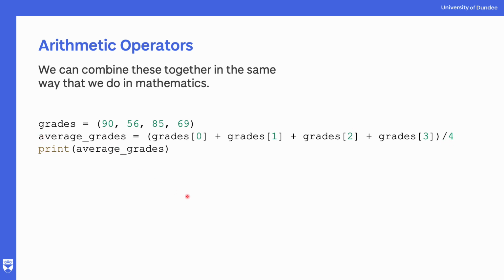And then print out my average grades. So in this case, I've got the addition and the division operator being used together. So we can combine them to do more complicated things, which is going to be very important when it comes to analysing data.